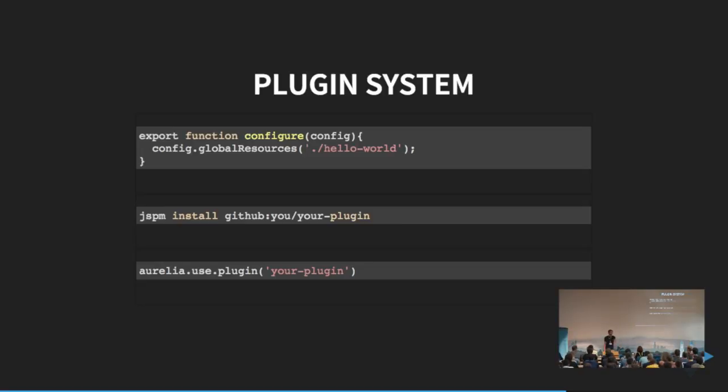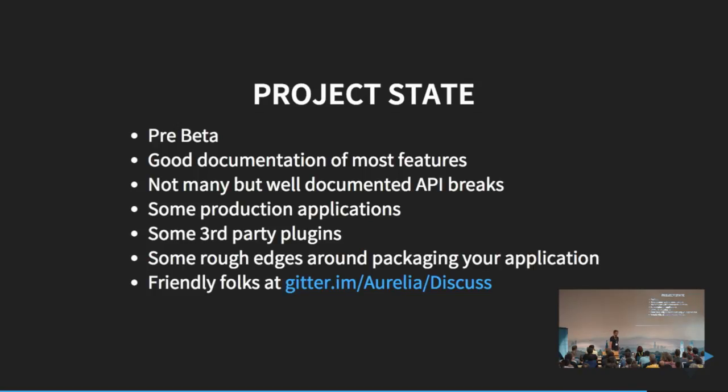You register your resources there. From there on, you can use it. You see this JSPM line. That's how you would install a plugin from GitHub, which has just a package JSON that defines stuff in it. And then you could just call Aurelia use plugin, tell it the name of the plugin, it will load the file, and you have your hello world usable.